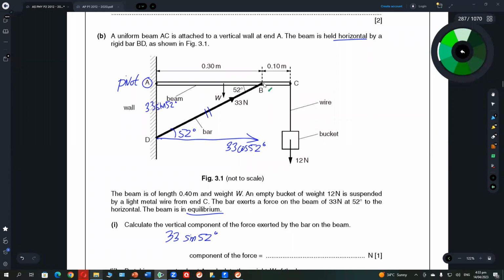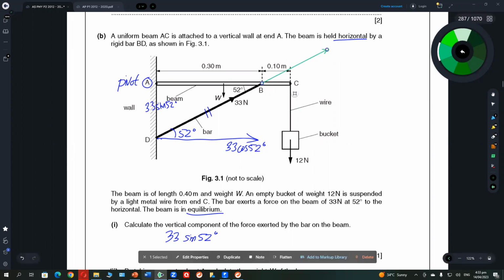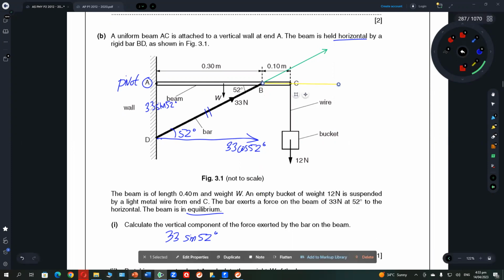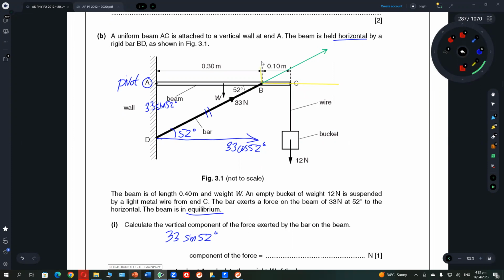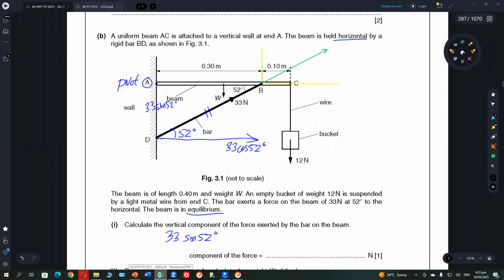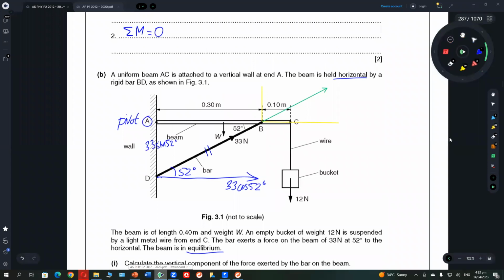So let's extend this force here. I have extended it here to make the components shifting. Now, this is the case. Let's move this angle here.